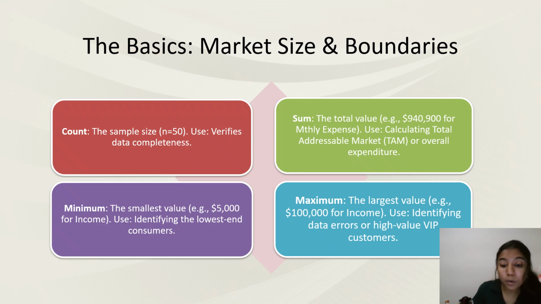And the sum, the total of monthly expenses, is $9,40,900, and this is the total market expenditure for that month, which is vital for calculating total addressable market. And minimum and maximum define the absolute boundaries of our data, helping to identify potential data entry errors or extreme outliers before deeper analysis.